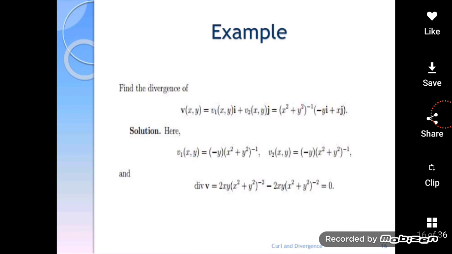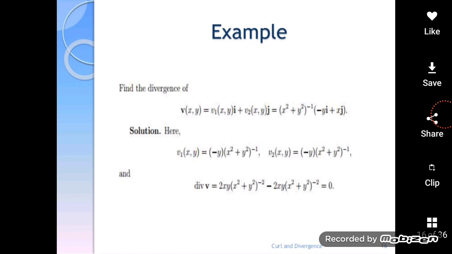For v2 of xy, we compare the j cap unit vector, then the function v2 of xy is equal to x times x square plus y square to the power minus 1.